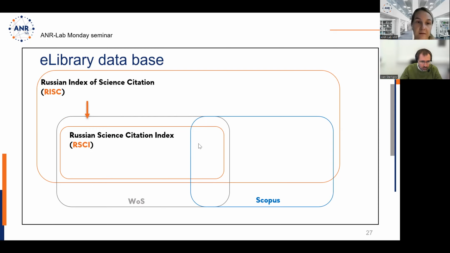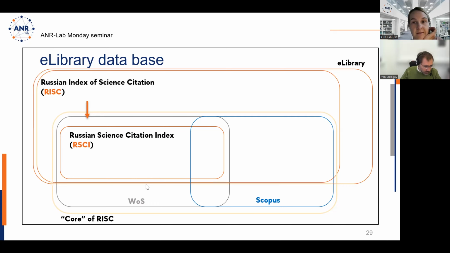And then all of these three, not the intersection, but the union of all these 3 databases, would be called the core of the Russian Index of Science Citation.